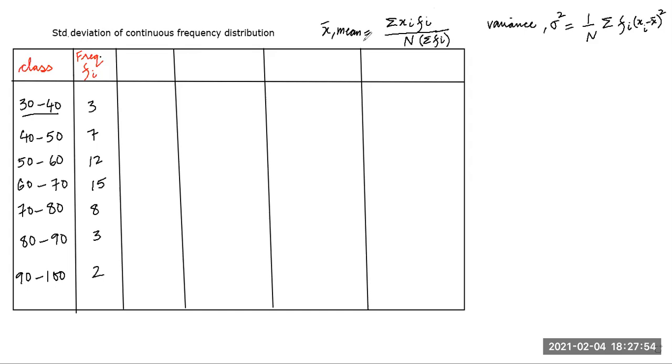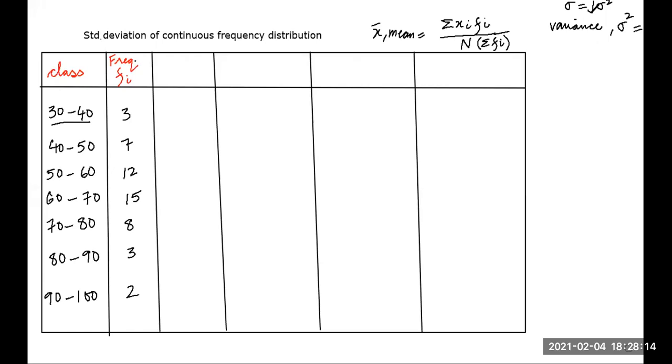This is how we have been finding out mean. This is how we will find here also. So after finding variance, we know under root of variance is our standard deviation. Standard deviation is represented by sigma. So that is equal to under root of variance, right?